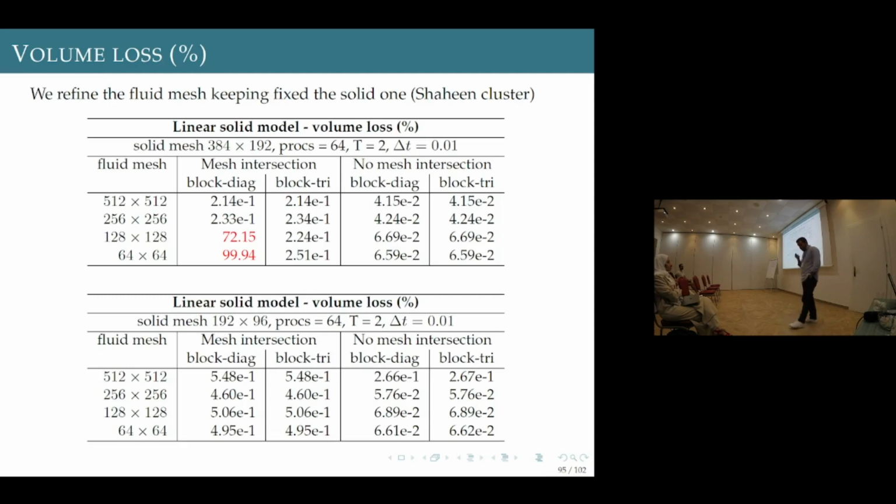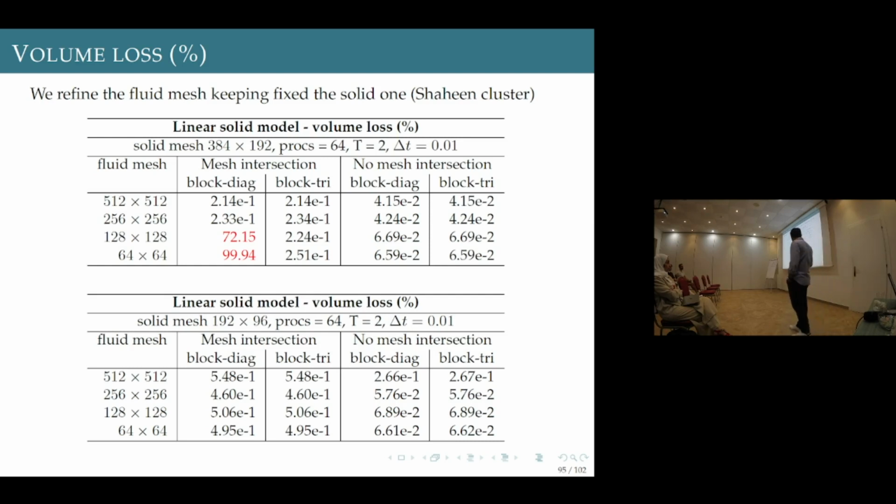Volume loss, another thing. Linear solid model, solid mesh 384 times 192 on 64 processors. We can see that with intersection and with the block diagonal, the method doesn't work.